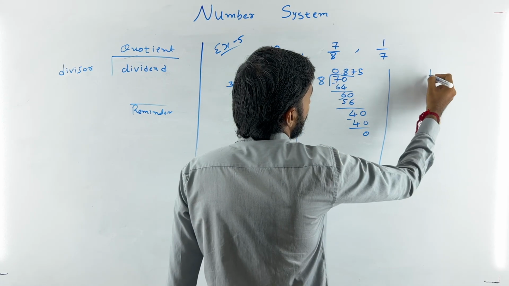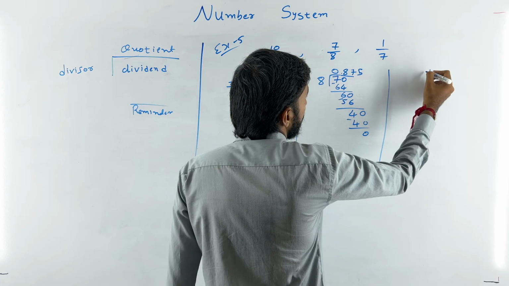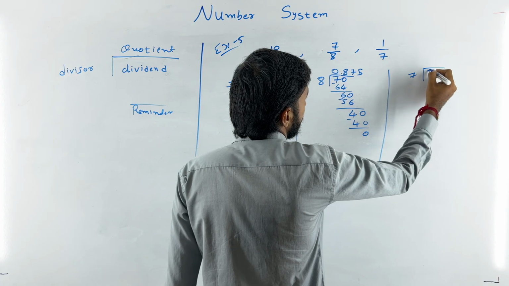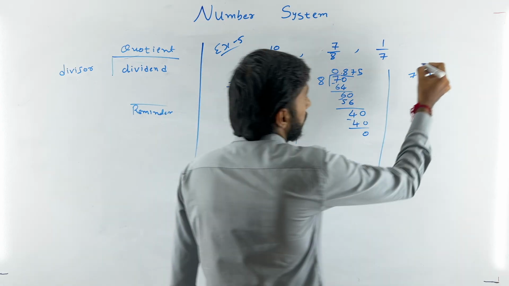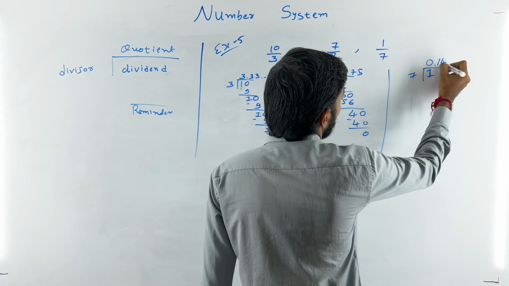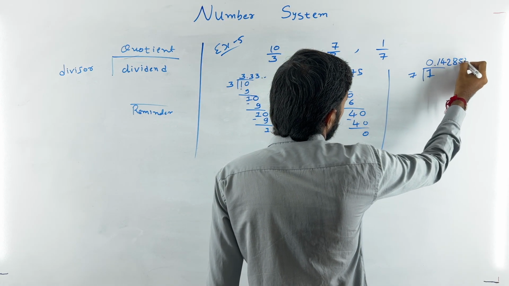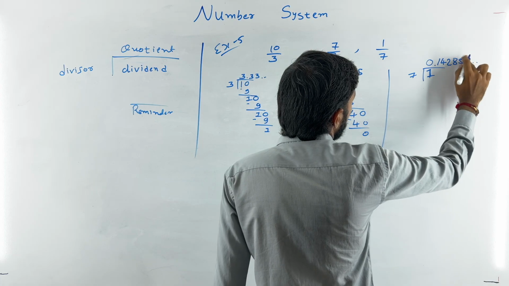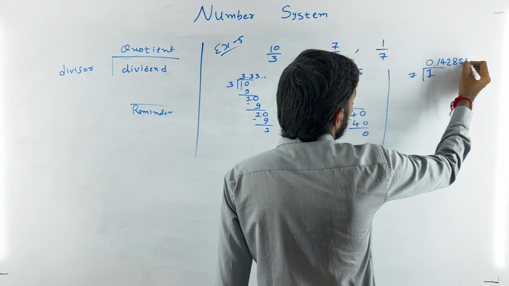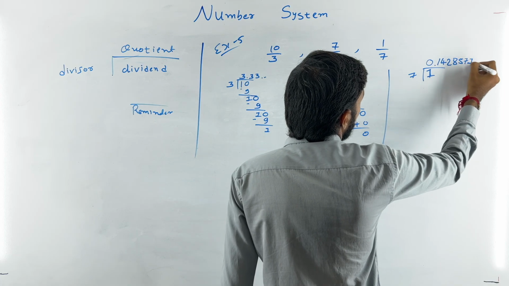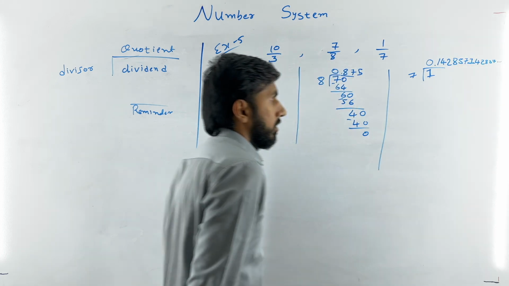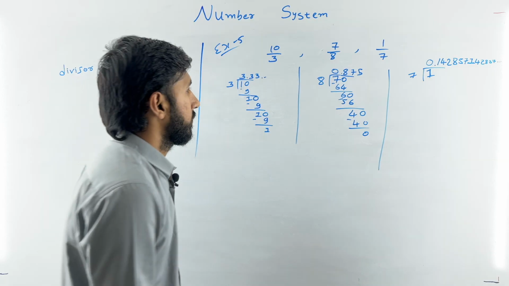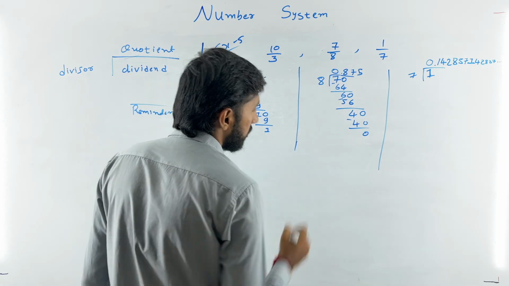Now for the third one, dividing 1 by 7. If I do the dividing process, my answer will become 0.142857, and it goes on repeating the same numbers, 0.142857, up to infinity, right? So I get three answers.